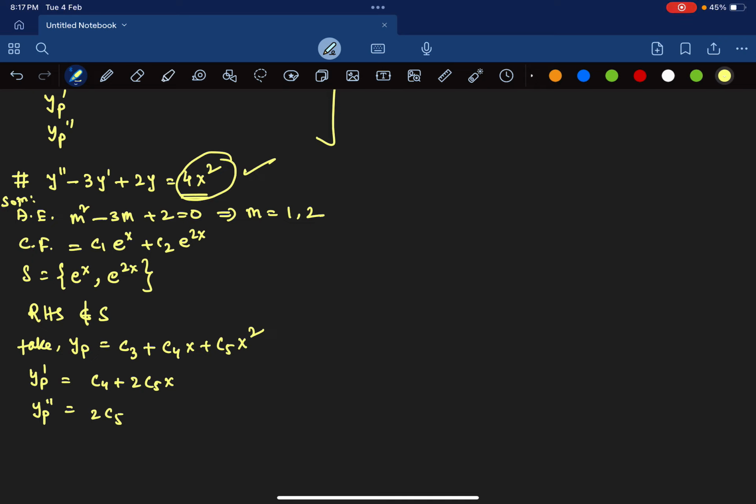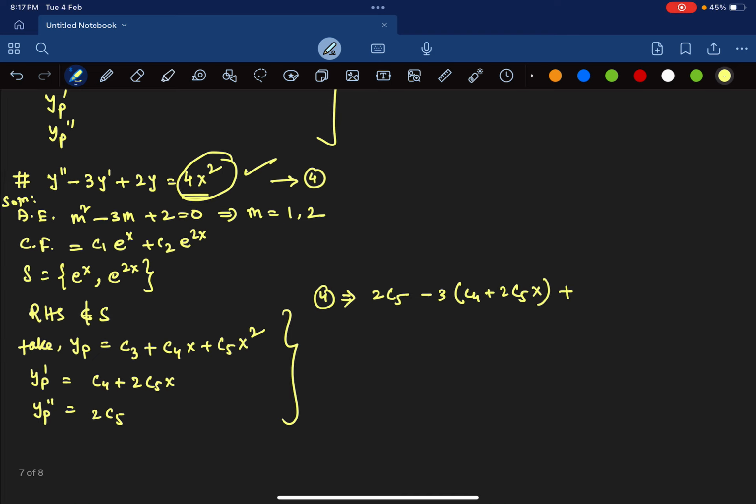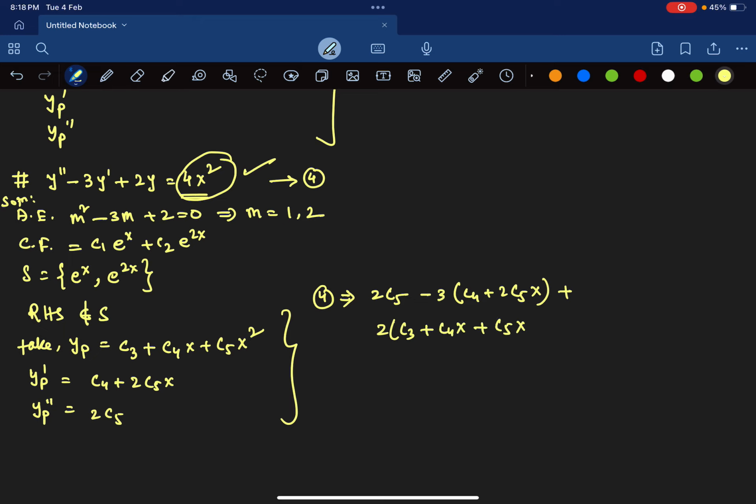All these values, if you put in the main equation, suppose this is equation number 4, so 4 will give you: we can substitute these values, correct? So 2 c5 minus 3 c4 plus 2 c5 x plus 2 c3 plus c4 x plus c5 x square. Here you have 4x square.